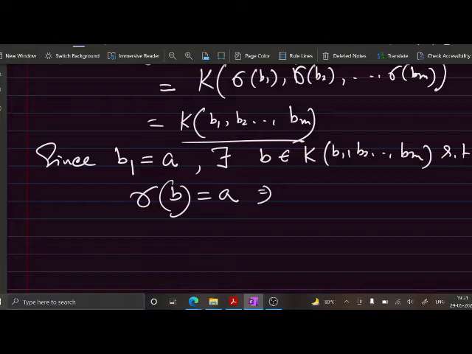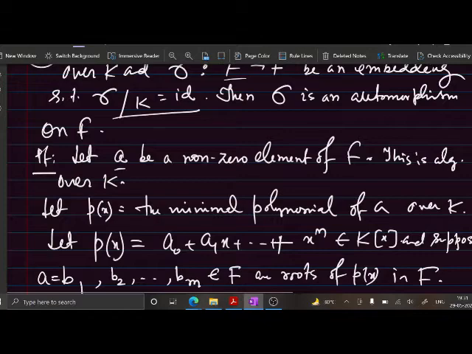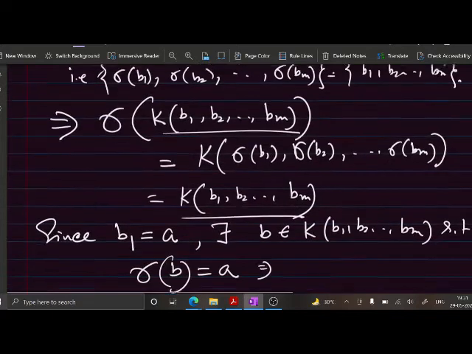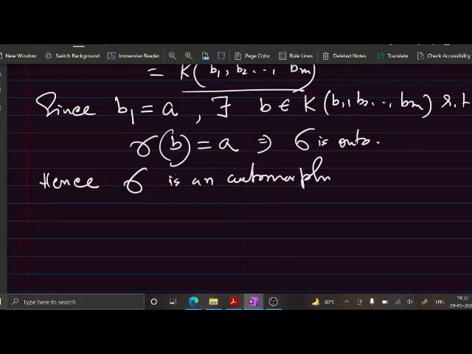And since you have considered a to be an arbitrary non-zero element of F, therefore sigma is onto. So hence, in addition to the embedding property, since it is onto, sigma becomes an automorphism of F. ঠিক আছে?